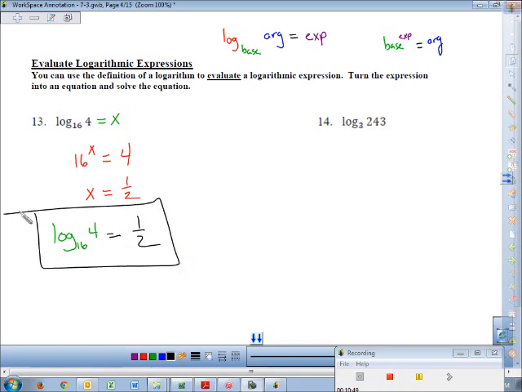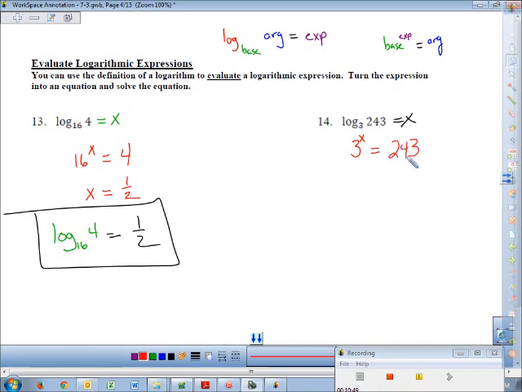What's the log base 16 of 4? Oh, that's 1/2. These two are the exact same thing. 1/2 is the same thing as log base 16 of 4. Next one, make it equal to x first. Now rewrite it as exponential. What's the base? 3 to the x equals 243.